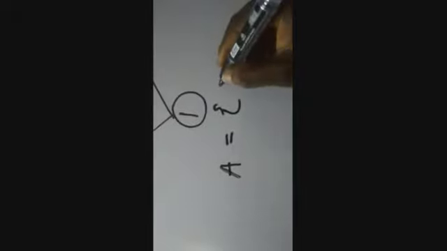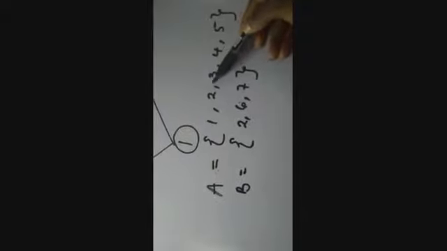For example, if we have set A equal to 1, 2, 3, 4, and 5, and we have set B equal to 2, 6, and 7.